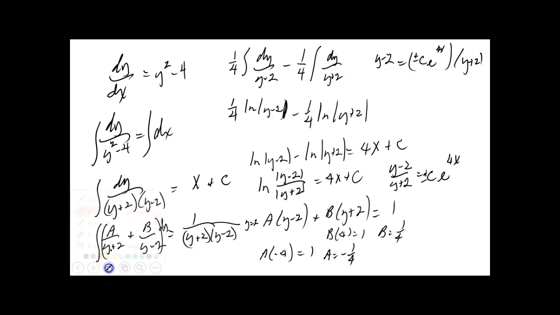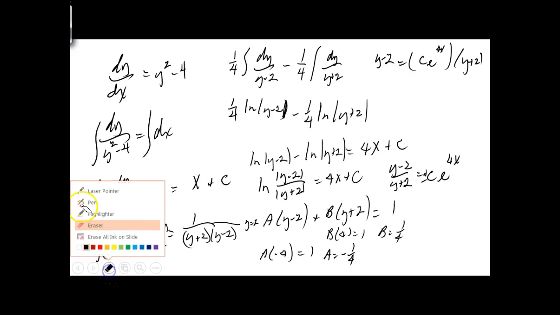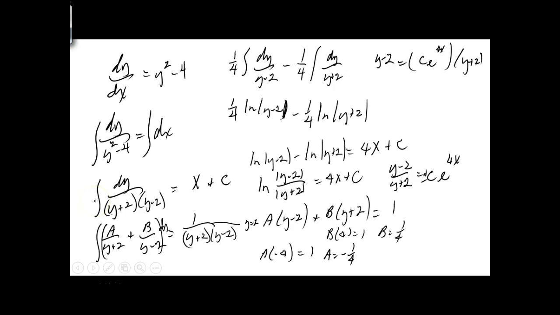I'm going back off of that. They've already taken out the plus or minus. They let the plus or minus fall in the C. Okay. So, I have a feeling that something is going to come back and bite me, but let's see.